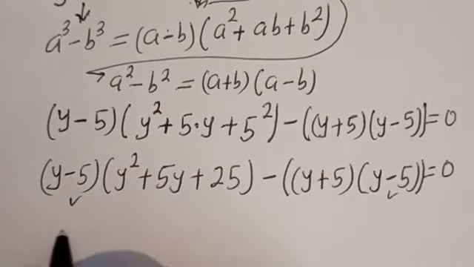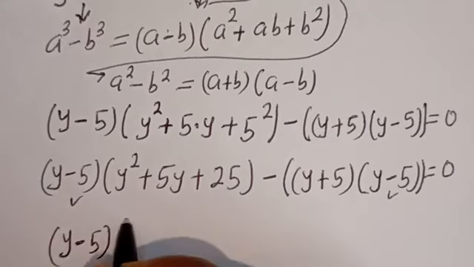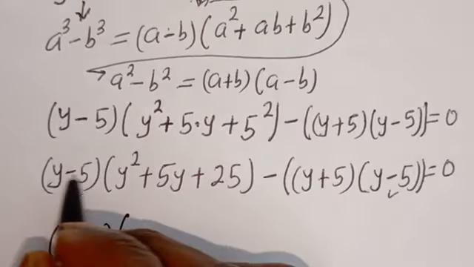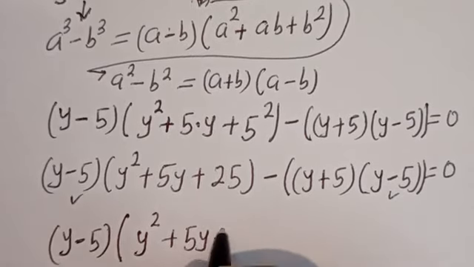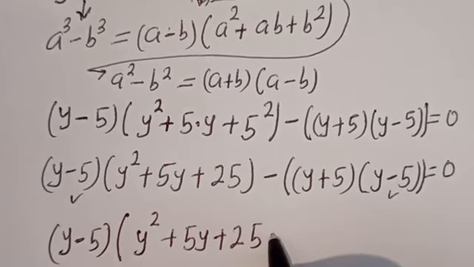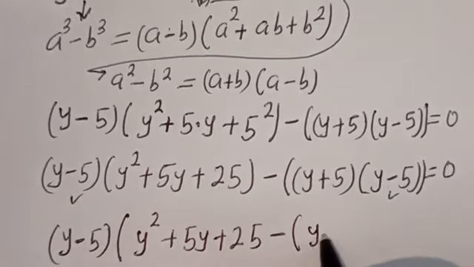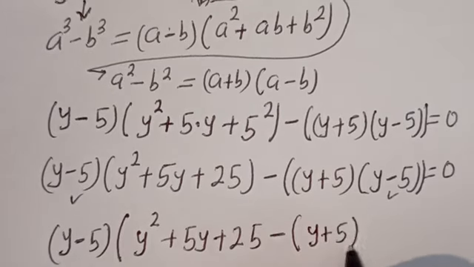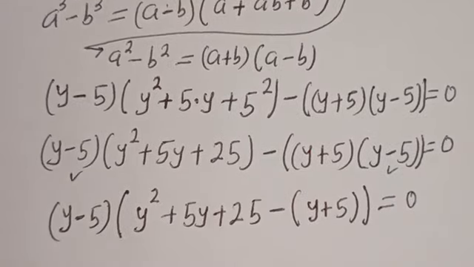Let's bring it out. We have y minus 5 bracket here. If you divide this by this, we have y square plus 5y plus 25 minus, if you divide this by this, we have y plus 5 is equal to 0.